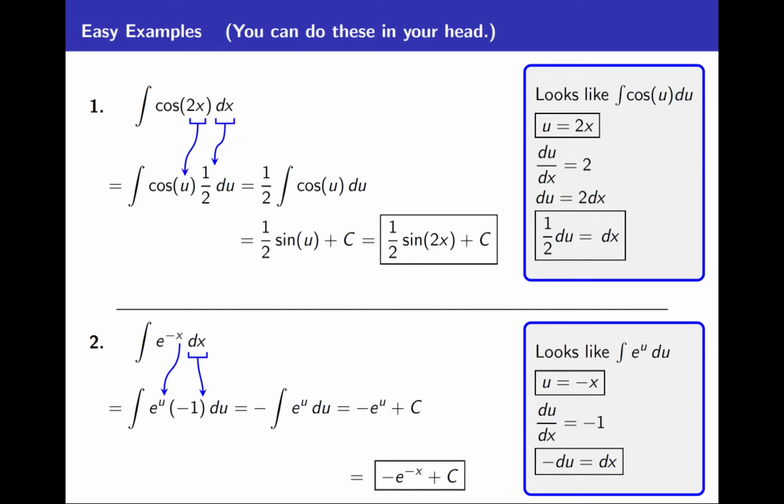So as you're working lots and lots of these examples, pay attention to these real simple ones that you can do in your head. And as you work these, you'll develop a facility for bypassing the actual substitution rule in really simple situations like these.